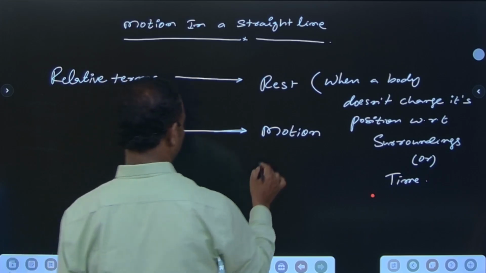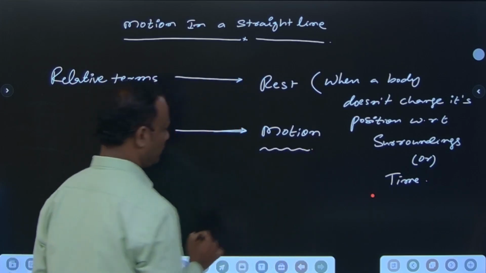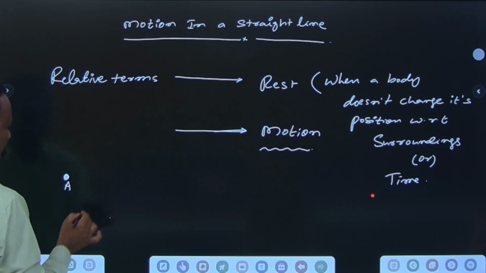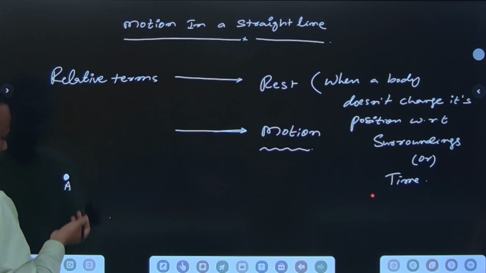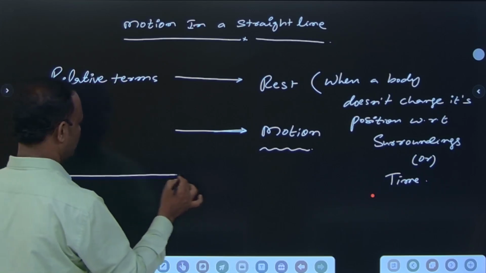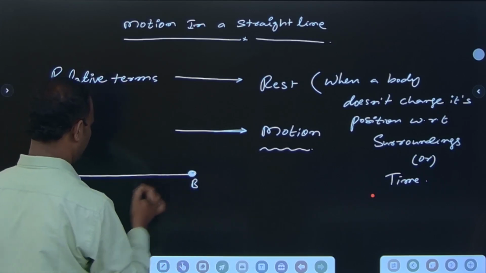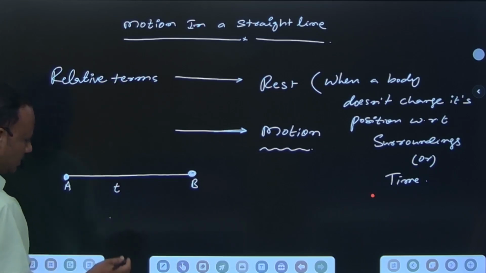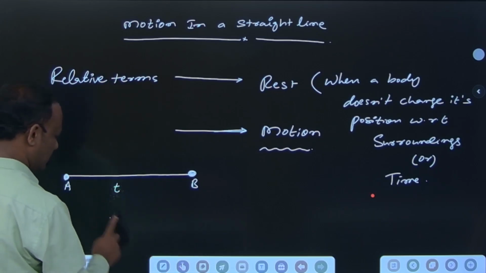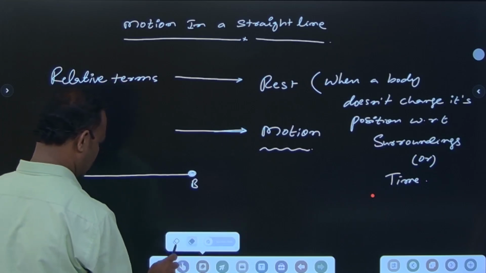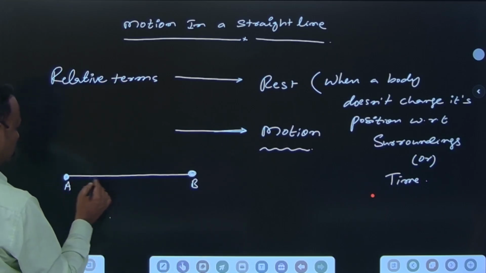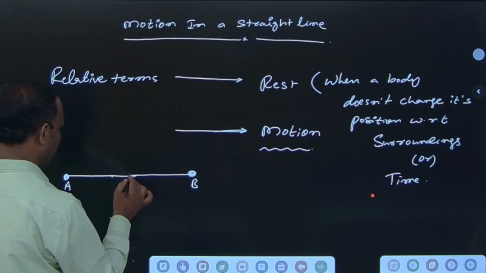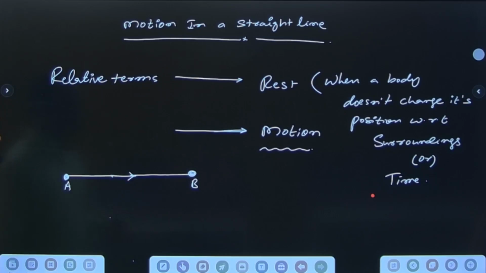If a body is in motion, what is the position of the body? For example, if you choose the point A, when I apply some external force, the body moves from here to point B in a time taken T. What we can say is that the particle is moving from point A to B with respect to time interval or with respect to surroundings.